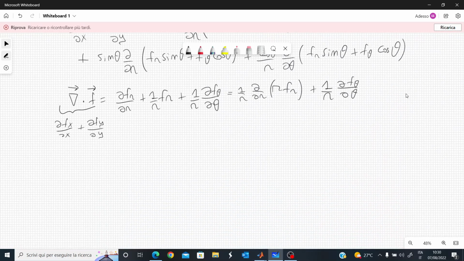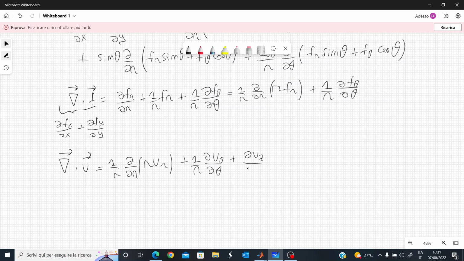And therefore, if we want to find the divergence of u, which has the three components ur, u theta, and uz, this is simply equal to 1 over r d over dr of r ur plus 1 over r du theta over d theta plus duz over dz.